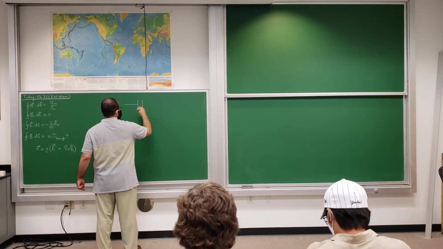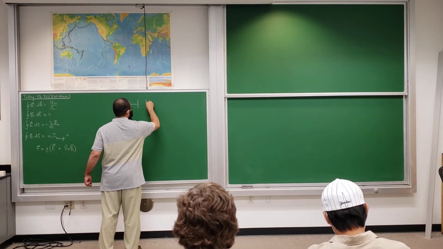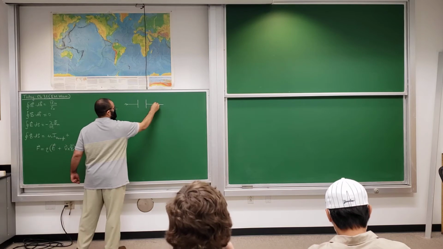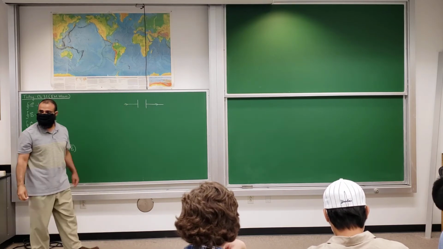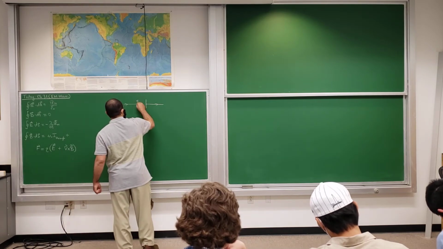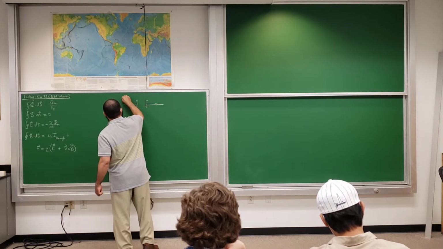Let's make the capacitor slightly farther apart, and let's say the current is flowing like this. Maybe there is a battery here that's causing the current to charge the capacitor. So the capacitor would have plus charges here, minus charges here, and the current is this.